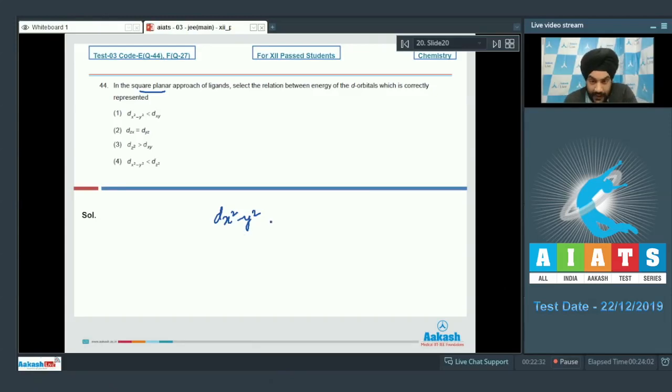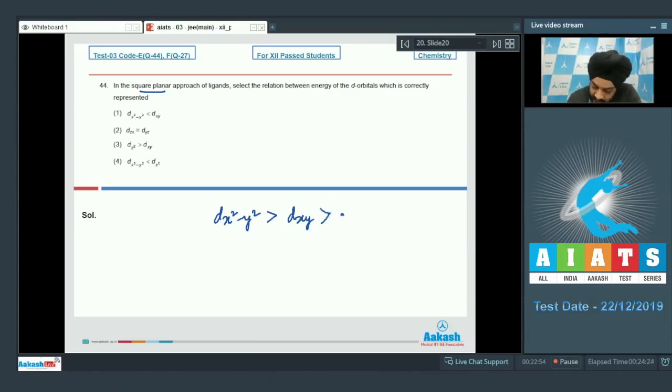Now if we talk about the other orbitals, students, we have dxy. After dx square minus y square, it will be the dxy which is repelled to the greatest extent, because these contain orbitals at an angle to the incoming ligands.